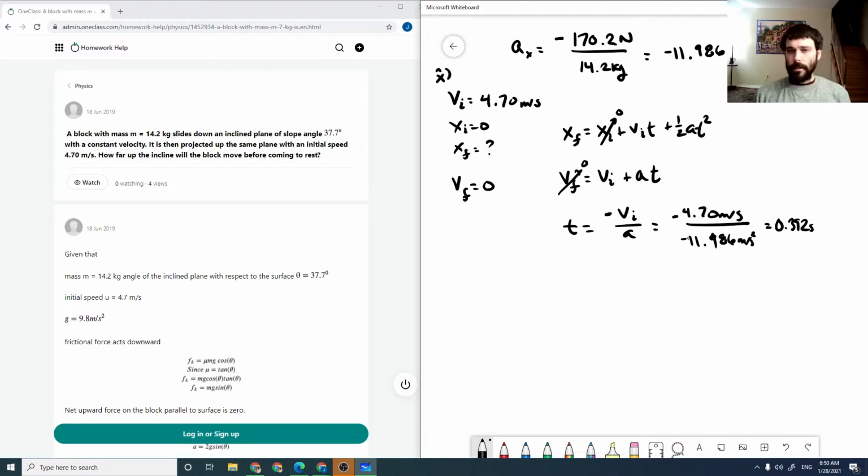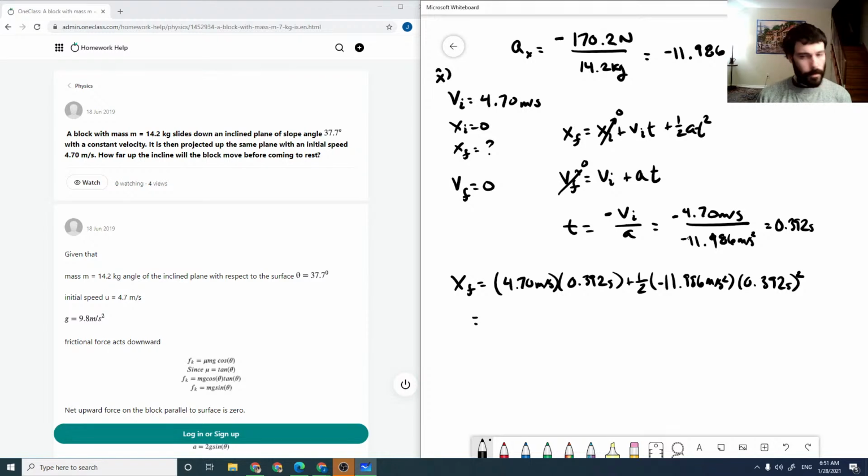And then plugging this into our xf expression, 4.70 meters per second times 0.392 seconds, plus 1/2 times minus 11.986 meters per second squared times 0.392 seconds squared.